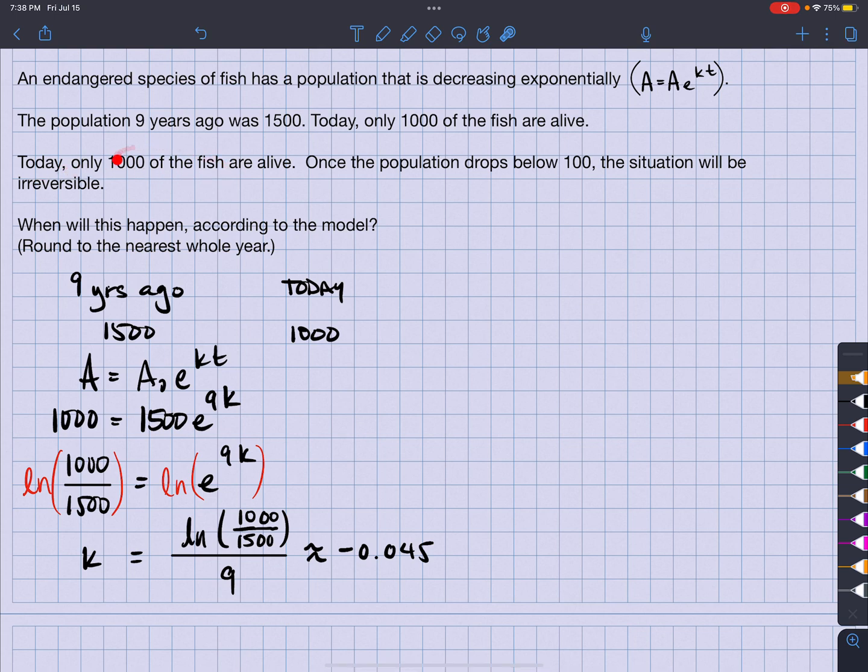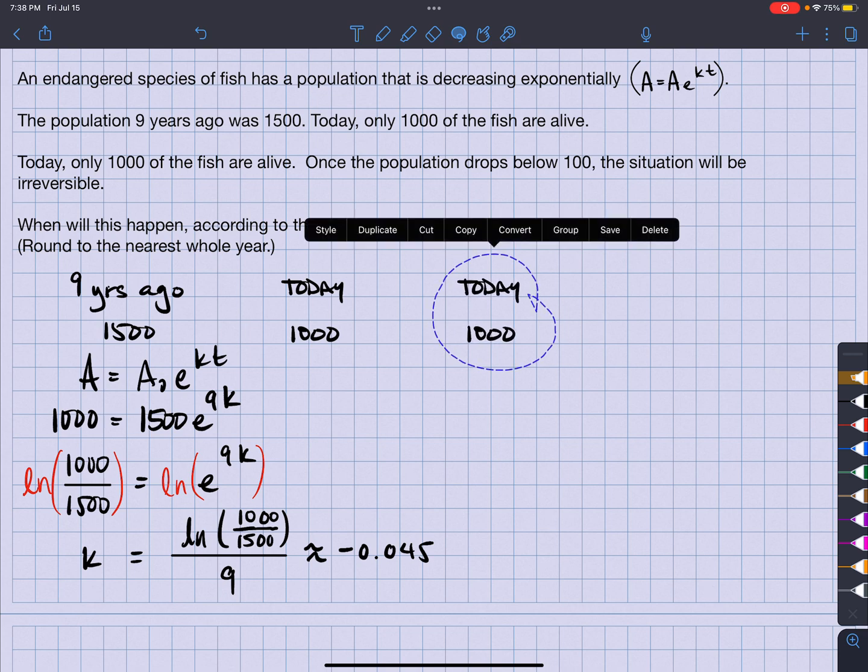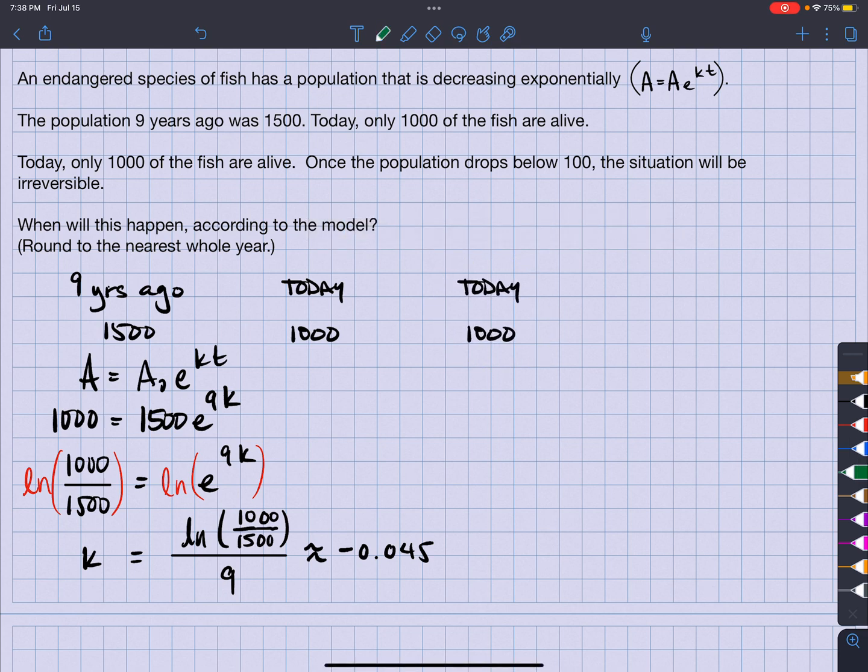Now, if you look at it, it says today, only 1,000 fish are alive. Once the population drops to 100, the situation will be irreversible. But what I don't know is, in the future, this is going to be how many years from today?